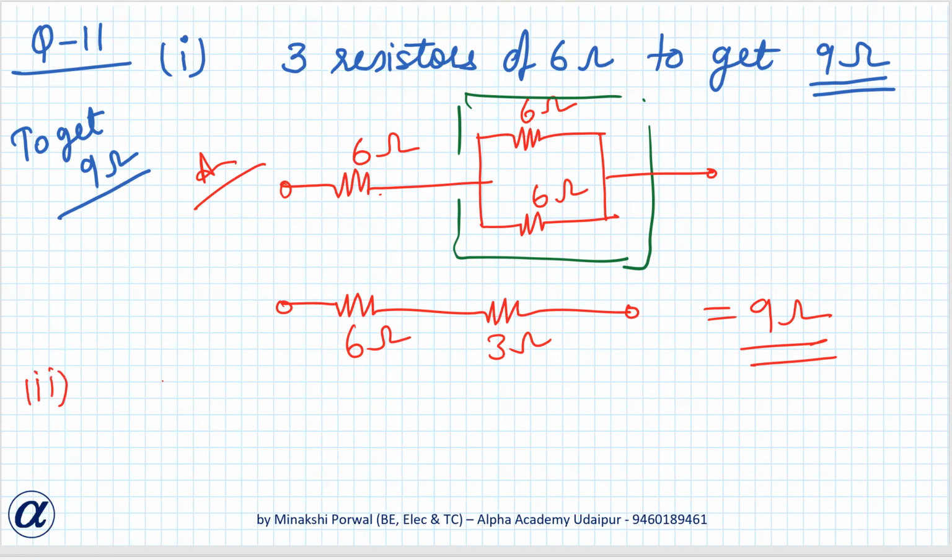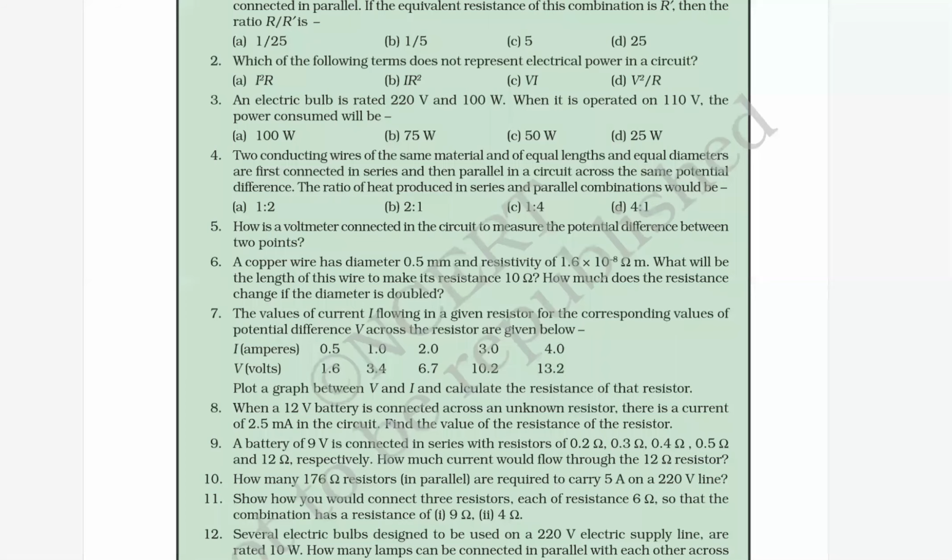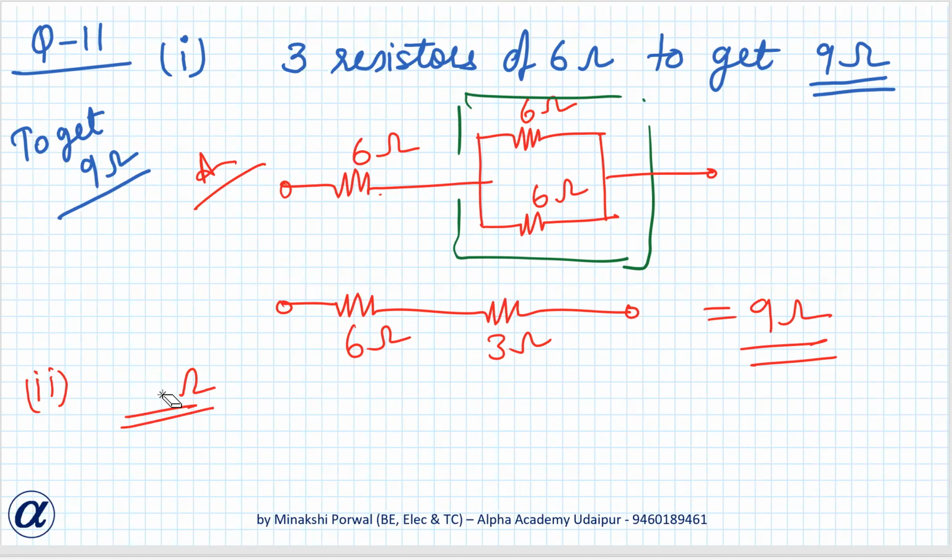Second part, how can we obtain 4 ohm? In some books it's 2 ohm, but it is 4 ohm here.